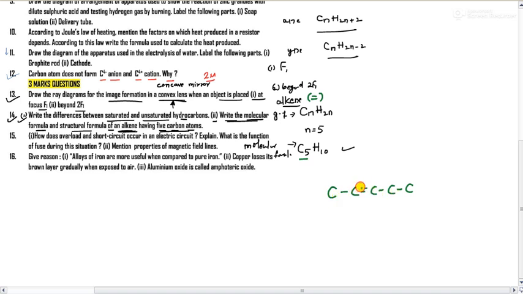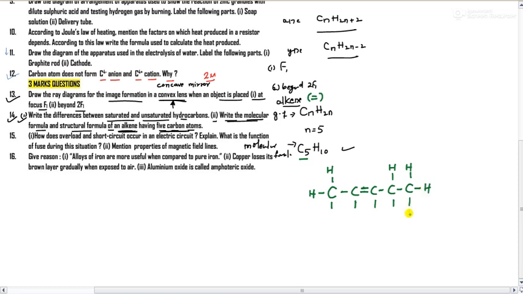Let me keep it here. Now with each carbon we have to keep 4 bonds. Wherever we have a free bond, just write H to it.